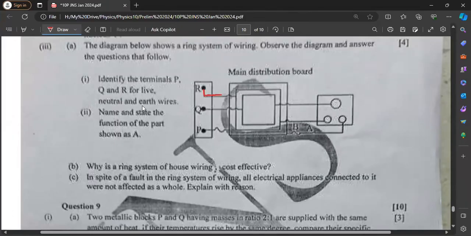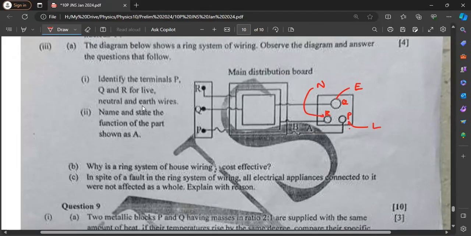So R is jumping here, and from R, this is connected to R. Q is connected to the innermost, and from the innermost, so this is Q. So this will be P. Okay. So you know that this is Earth. Another hint, this is live also because you can see that the fuse is connected. And this will be neutral.